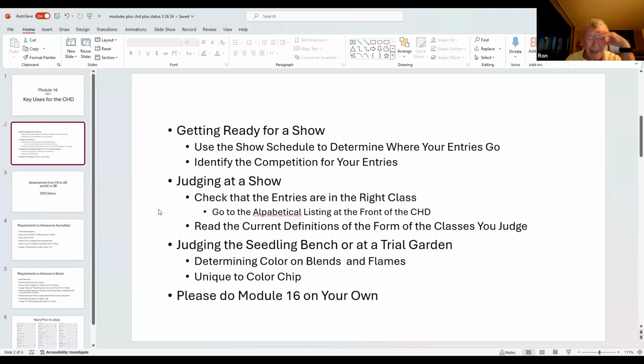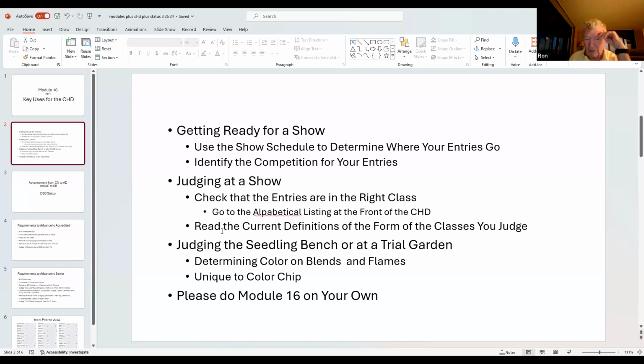Well, okay, at the show, you can use that CHD to make sure that the entries are in the right class. You might have a name and a classification that aren't consistent. You just look up the entry and see what it should be and maybe move the cultivar, or question the name would be another possibility, if the classification and the name don't make sense together.